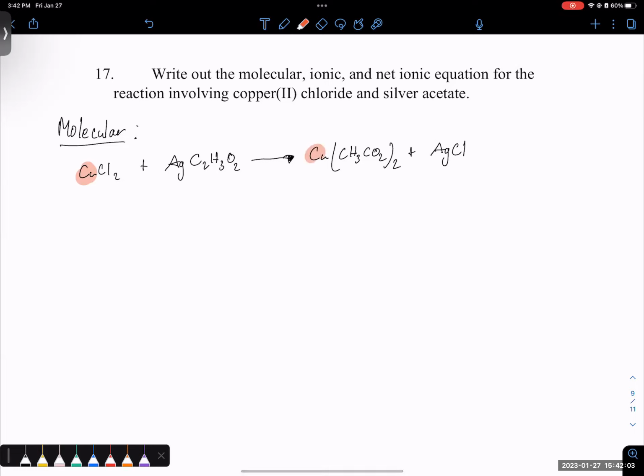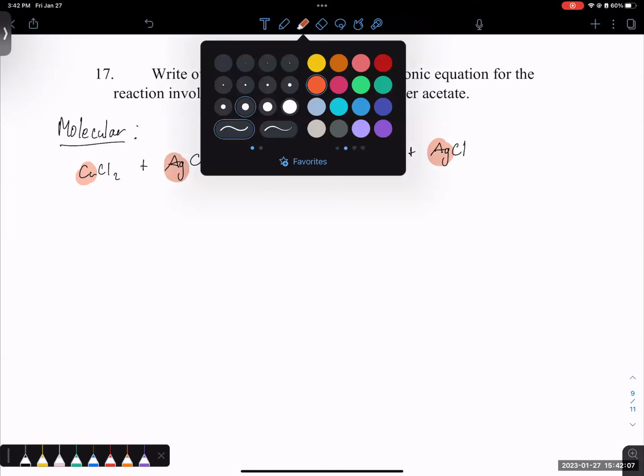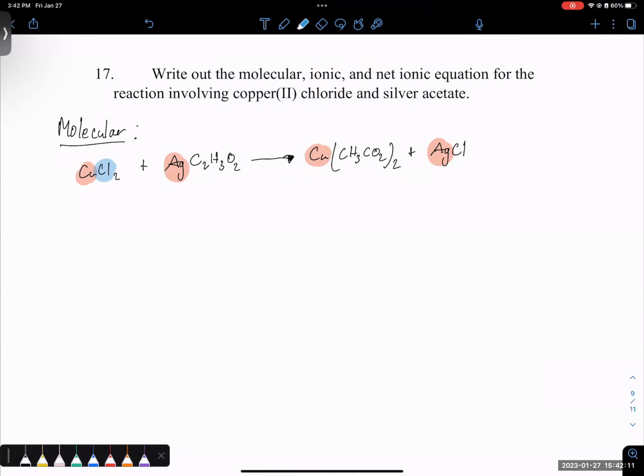Cations, I'll highlight in red, and my anions in blue. Lesson for life, take the path of least resistance. So as you can see, the red are my cations and the blue are my anions.